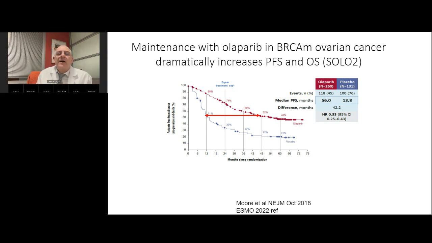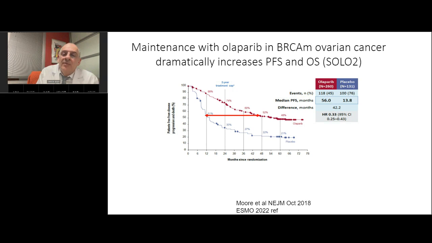We are talking about maintenance with olaparib, which is a PARP inhibitor, versus placebo in BRCA mutated ovarian cancer. And as you can see, olaparib dramatically increases not only PFS, but also overall survival. This is maybe the most striking result in solid oncology in a long time.